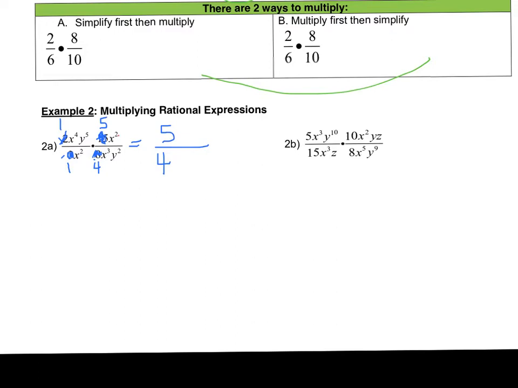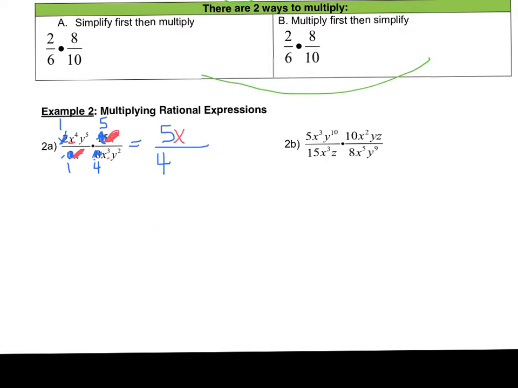I'm going to go ahead and look at this x squared and this x squared, and since one's on top and one's on bottom, just cancel them right out. And now all I have left to deal with is the x to the 4th and the x to the 3rd. 4 on top and 3 on bottom, 4 minus 3 leaves me with 1 on the top.